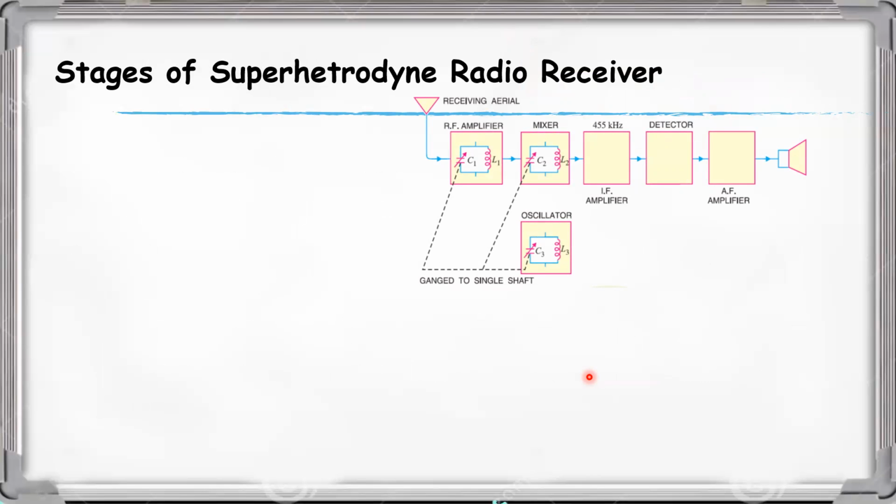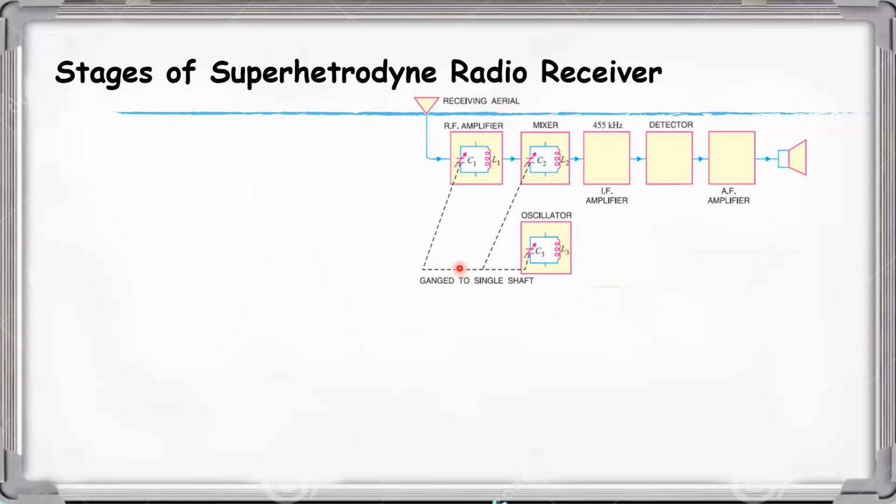Look at the figure. In the figure, in the RF amplifier there is capacitor C1, in the mixer a capacitor C2, and in the oscillator capacitor C3. They are ganged to a single shaft.